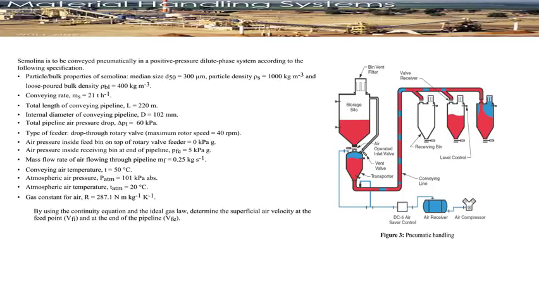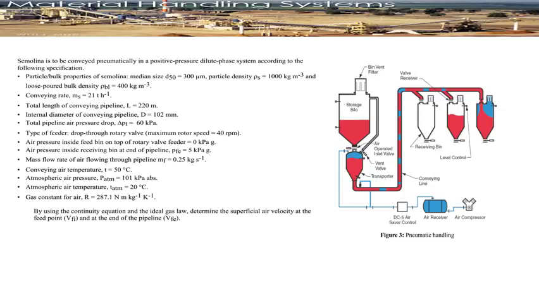The air pressure inside the feed bin on the top of the rotary valve is equal to 0 kilopascal, and the air pressure inside the receiving bin at the end of the pipeline is equal to 5 kilopascal. The mass flow rate of the air flowing through the pipeline, MF, is equal to 0.25 kilogram per second.